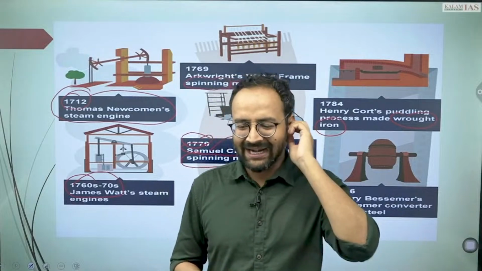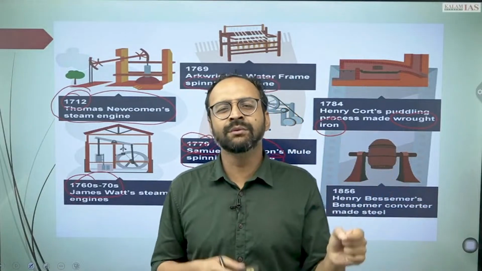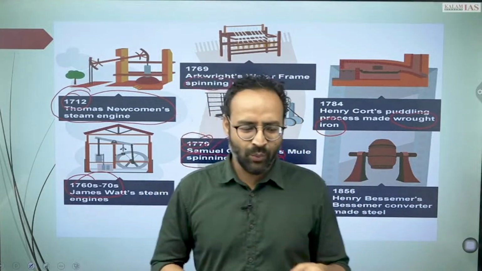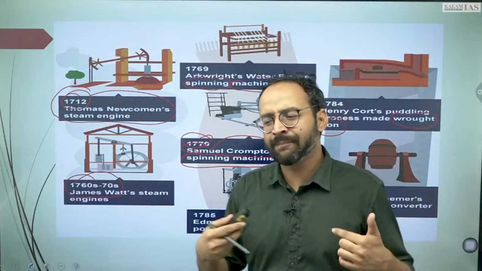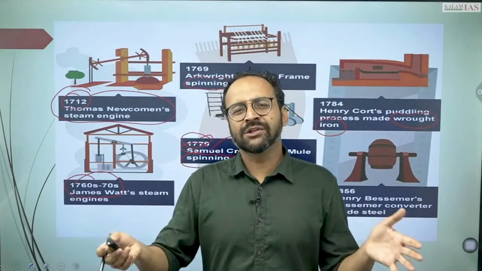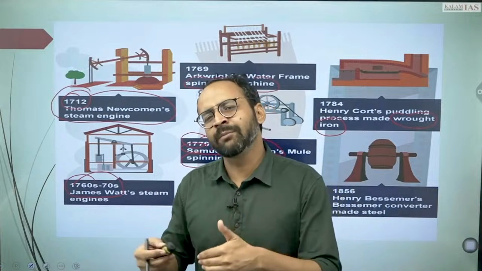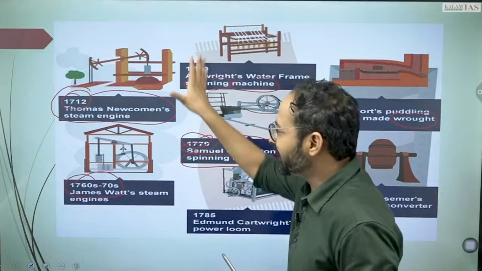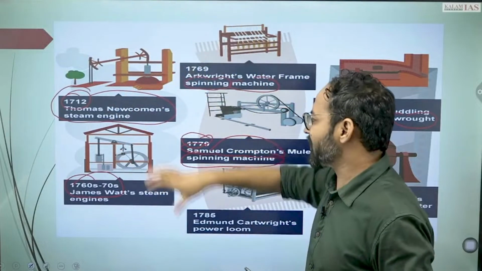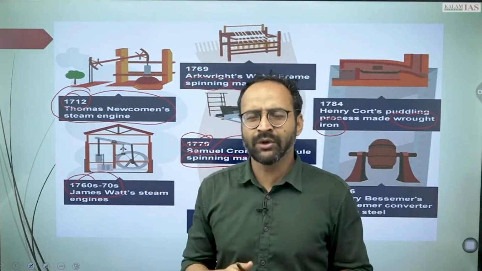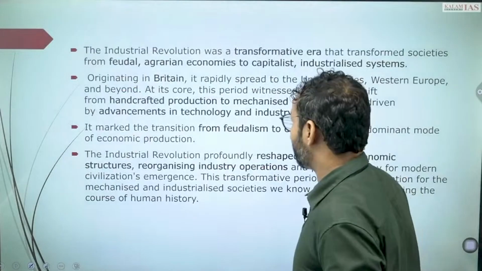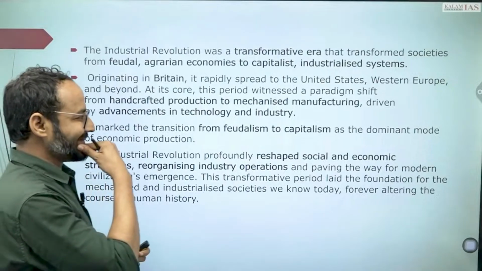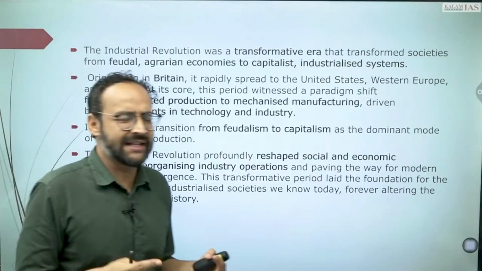So here we can say that there was a gradual shift from the feudal mode of production to the capitalist mode of production, where we had more banks coming up. More banks means more money was flowing. More money flowing means more people got the capital, and they had to invest in the infrastructure, be it railways, be it more companies, or more large-scale machineries and stuff.